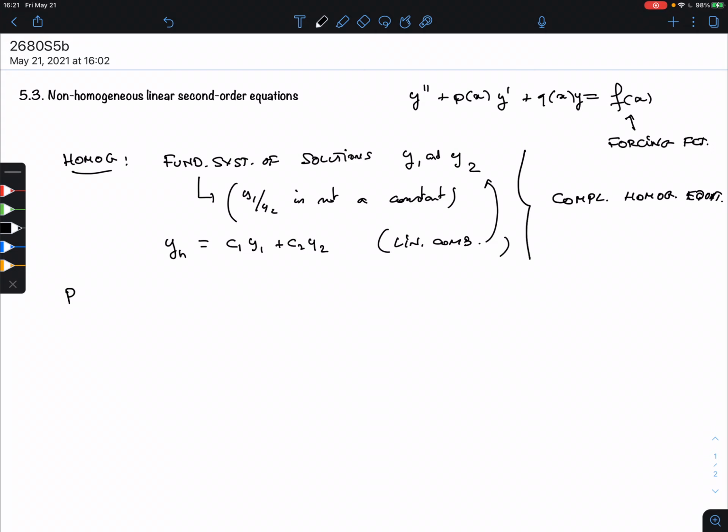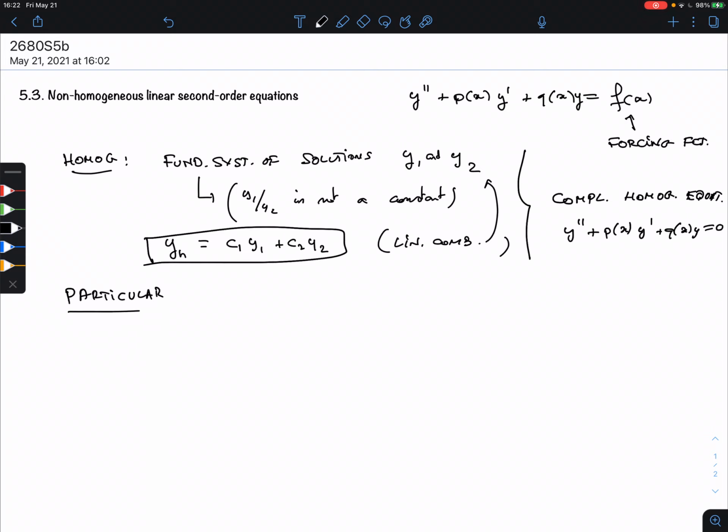So the complementary homogeneous equation has the same left-hand side, but now on the right-hand side you put 0. The first thing we have to do is solve that, exactly as we did for first order. And then we look for the particular solution. Particular kind of means just one, which I'm going to write yp.